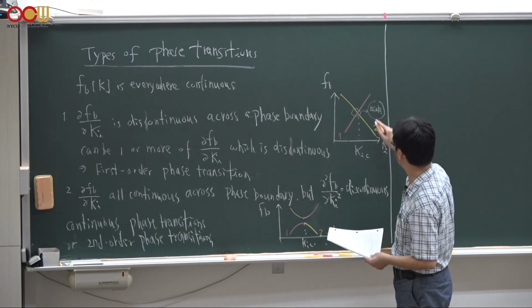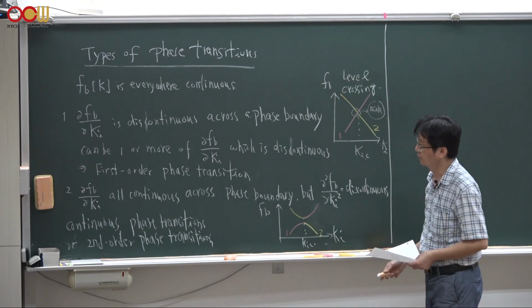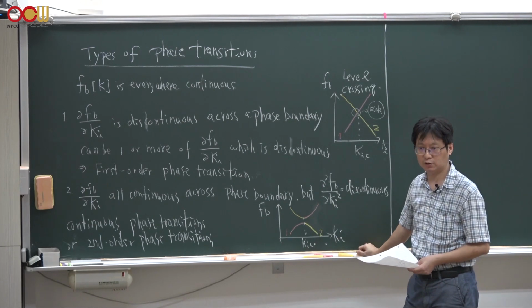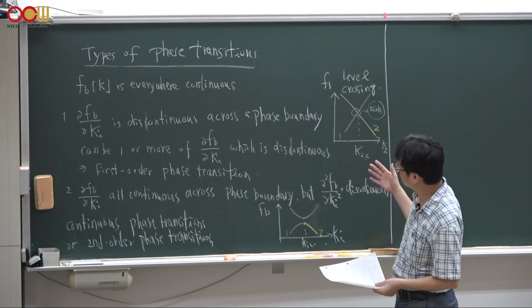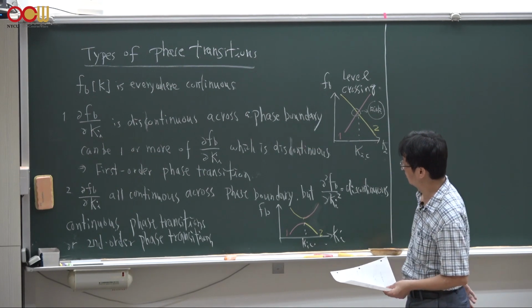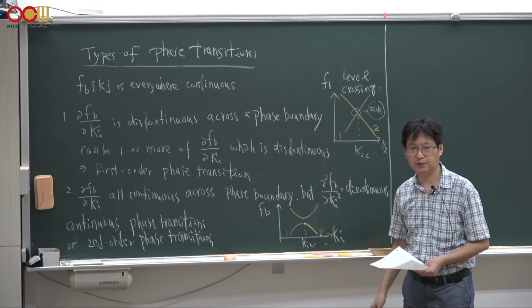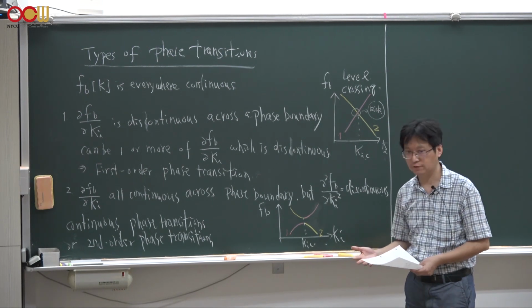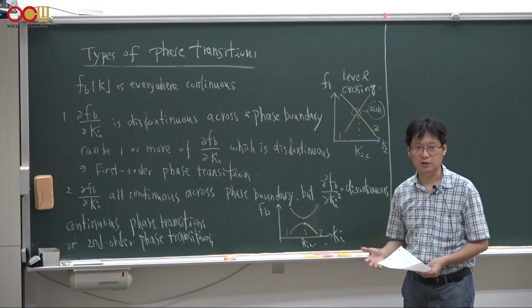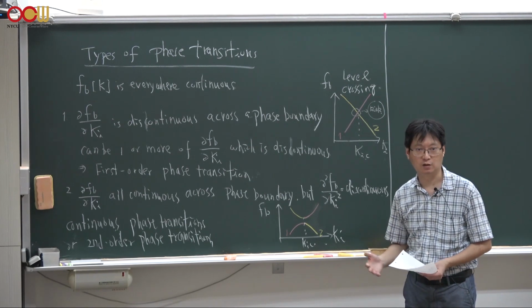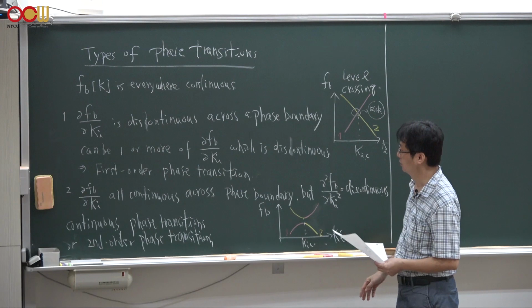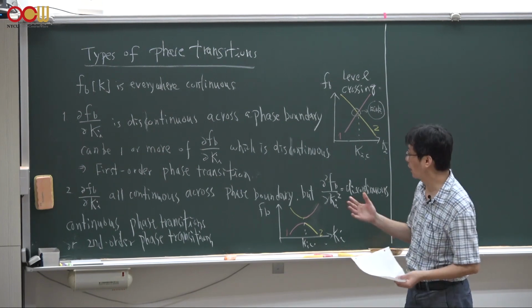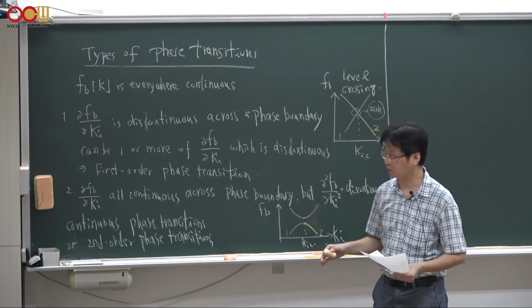Okay, so this is called the level crossing. And this level crossing transition occurs in many phase transitions in nature, in physics. So this sudden jump in the first order derivative of free energy density with respect to the coupling constant would not give us the interesting scaling behavior, power law behaviors near the transition. So it would not lead to the universality class and this interesting power law scaling and so on.